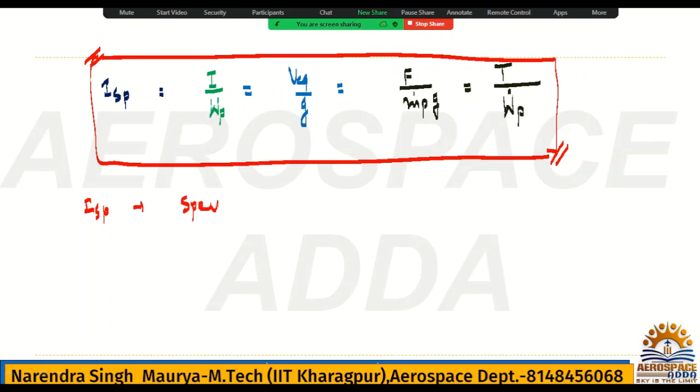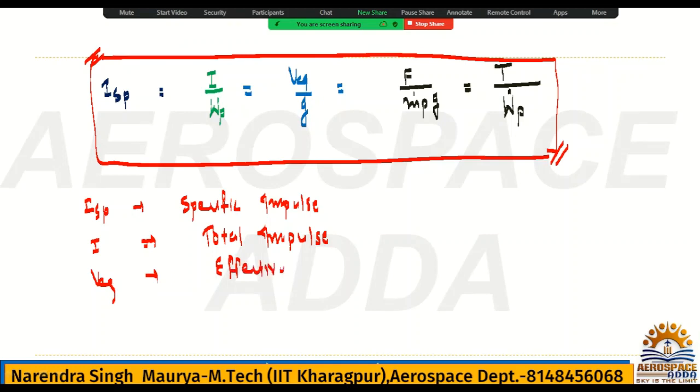Okay, I will write. Effective exhaust velocity. F, which is also T, is nothing but thrust.